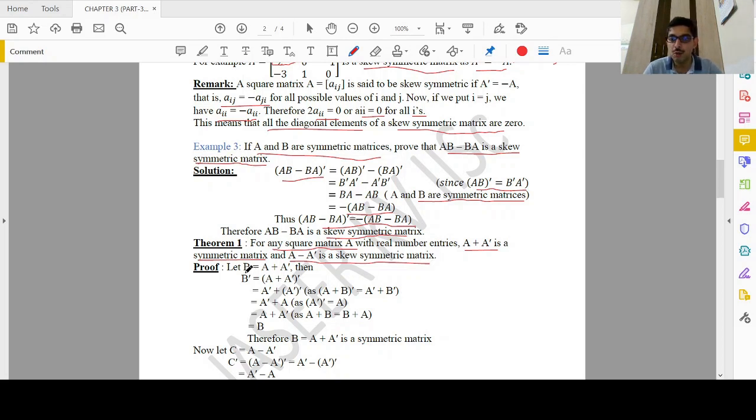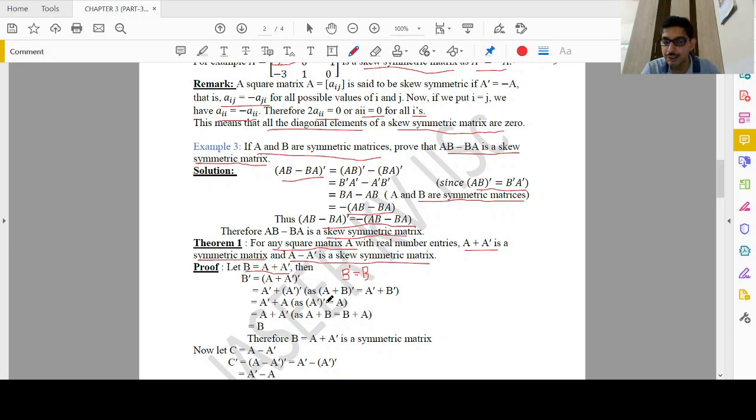If you take B equal to A plus A dash, we have to prove that B is symmetric. That means we have to prove that B dash equals B. So we will find B dash. B equals A plus A dash, so B dash will be the transpose of A plus A dash. Using the property that (A plus B) dash equals A dash plus B dash, we can write this as A dash plus (A dash) whole dash.